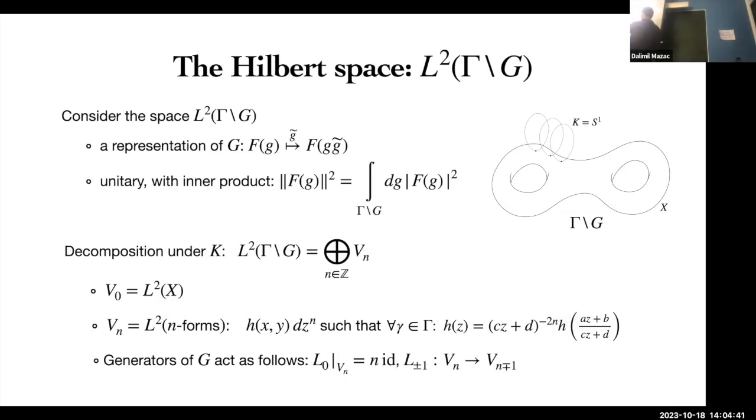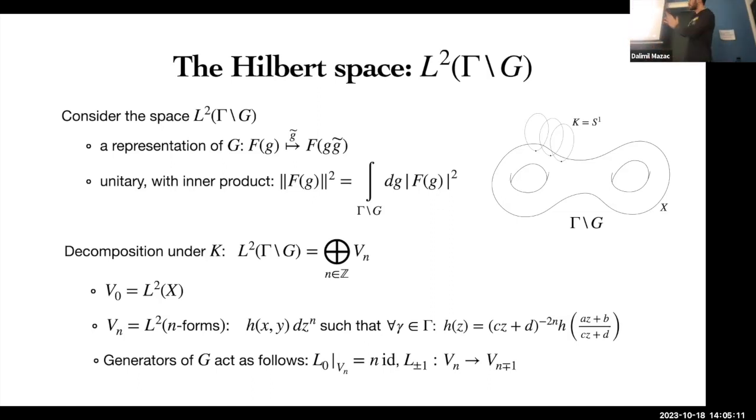So if you have some function that looks like e to the ixn around that circle, that will descend to a function on the surface which transforms under the group gamma with some extra prefactor. So it basically transforms like a modular form. And the generators of PSL2R are like ladder operators which map you between different values of this integer momentum n.